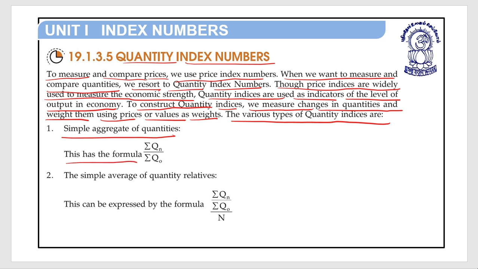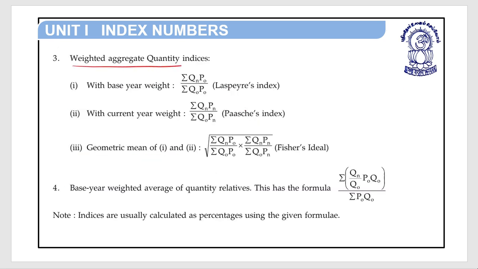This is the formula: sigma of Qn by sigma of Q0. Second, the simple average of quantity relatives. This can be expressed by the formula sigma Qn by Q0 upon n. Weighted aggregate quantity indices. First, with base year weight: sigma Qn P0 upon sigma Q0 P0. With current year weight: sigma Qn Pn upon sigma Q0 Pn.